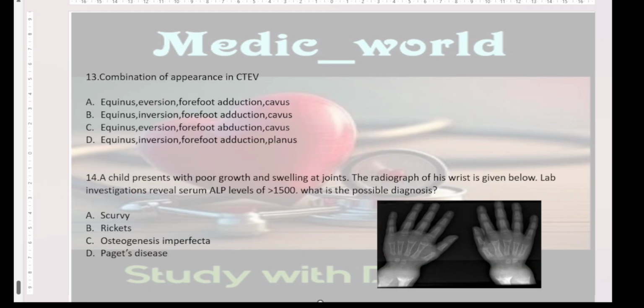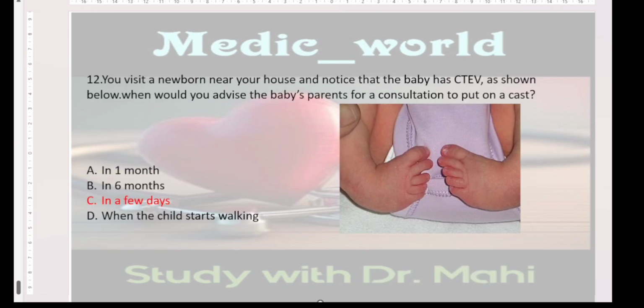Now, the next question is combination of appearance in CTEV. We all know CTEV presents with cavus, adductus, varus, and equinus. Let's see the options. Equinus is present in all the options. Eversion is not there. There is inversion. We have seen in the diagram in the previous question, this is the leg of the baby.